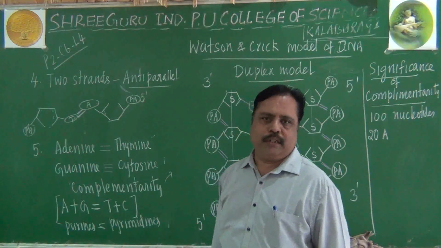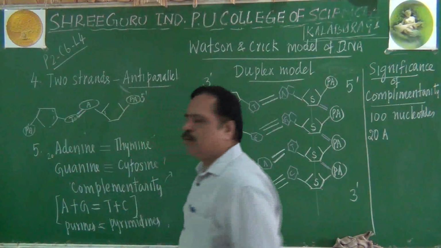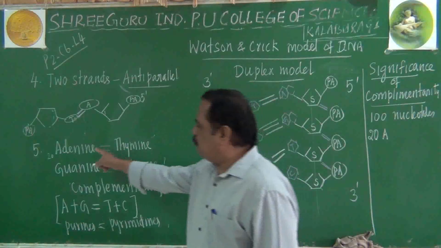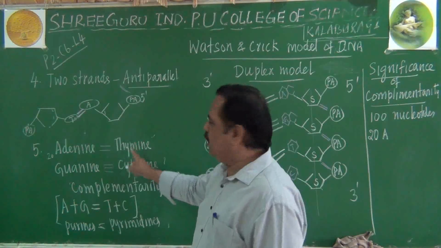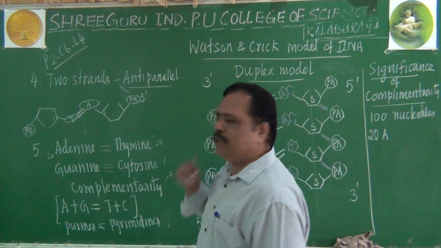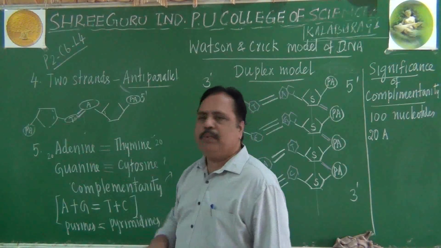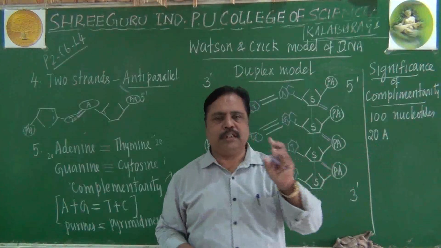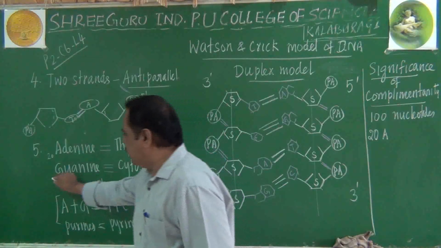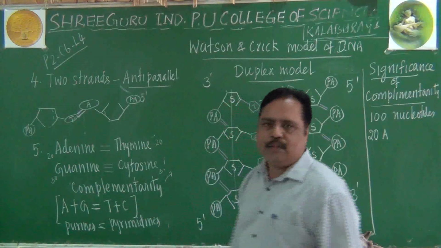They will ask this question. Because of complementarity, adenine will pair with thymine only, so thymine will also be 20. 40 bases have gone. Remaining how much? 100 minus 40 means 60. In that 60, automatically 30 will be guanine, 30 will be cytosine.